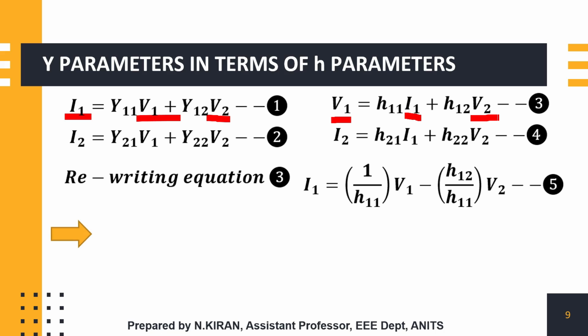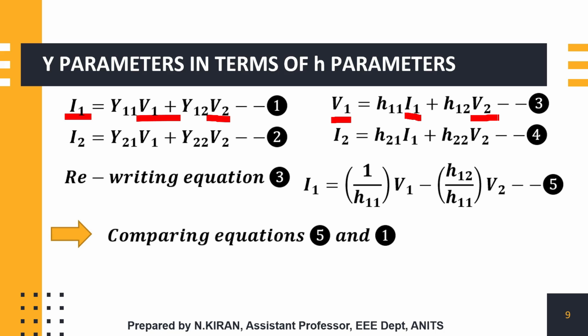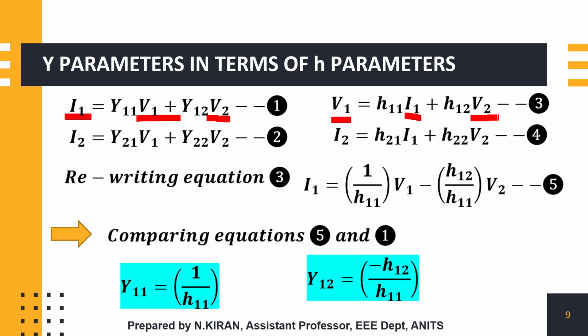Now I'm comparing the fifth equation with the first equation. It gives me Y11 to be 1 by H11 and Y12 to be minus H12 by H11. Now for me to compare the second and fourth equation, here the variables are I2, V1 and V2. Here also I have I2, V2 and I1.